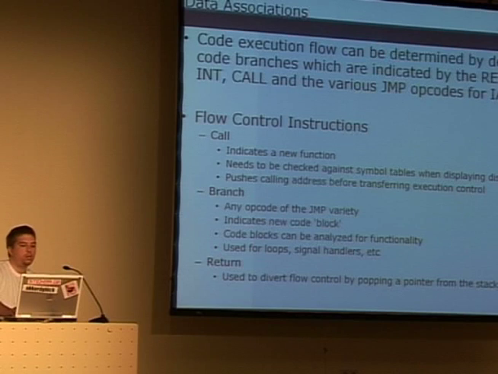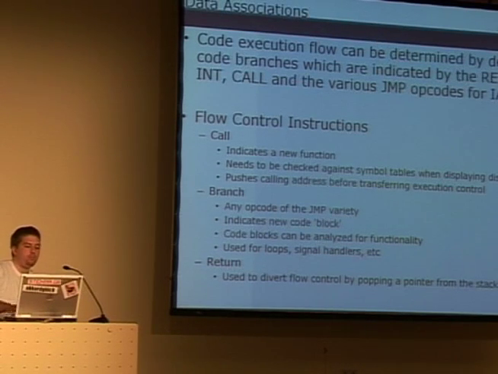So there's basically code execution flow and data flow that we're going to be concerned with. Code execution flow is going to give us a graph of possible destinations within the code from various code blocks and what all the paths are through the code. And those can be determined through three basic assembly flow control instructions: calls, branches, and returns.